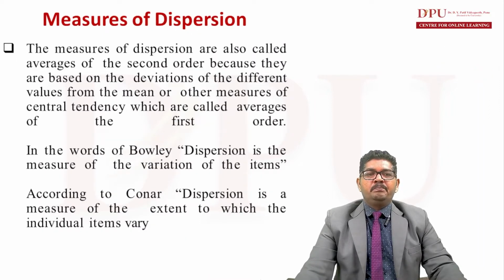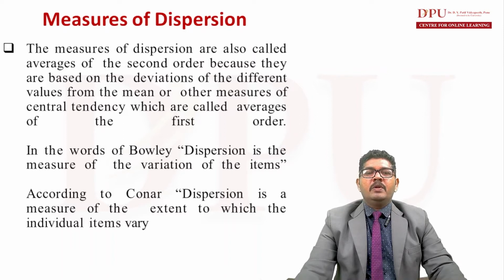Measures of dispersion are also called averages of the second order because they are based upon the deviations of the different values from the mean or other measures of central tendency, which are called averages of the first order. So we take deviations from the averages.